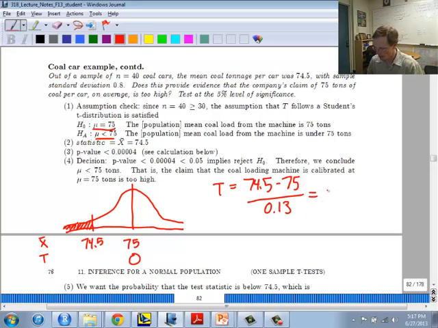And so that is going to give us a minus 3.95. So using this minus 3.95, I go here, minus 3.95. That number may look familiar.